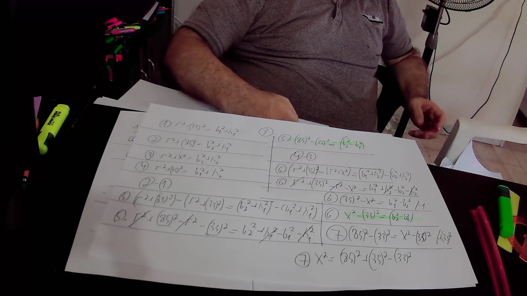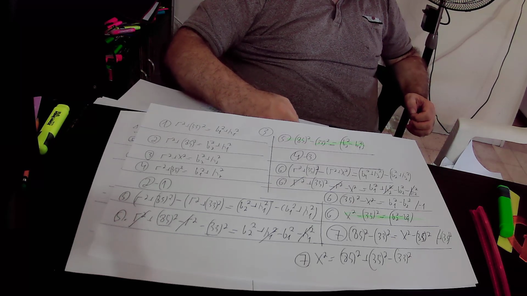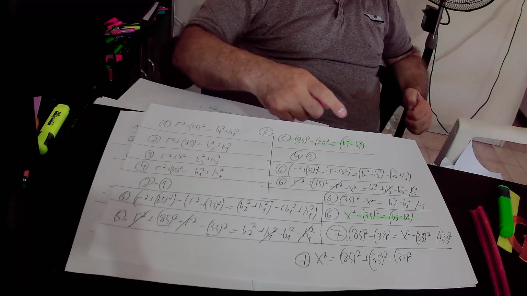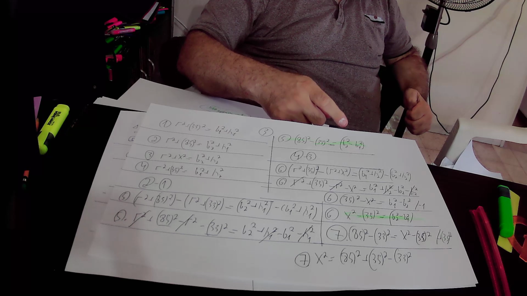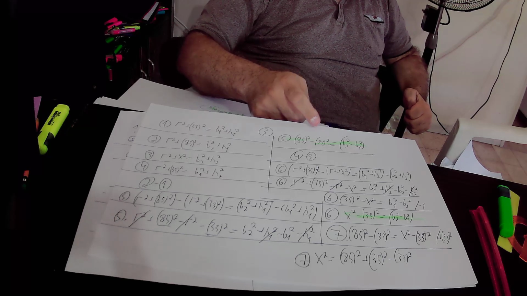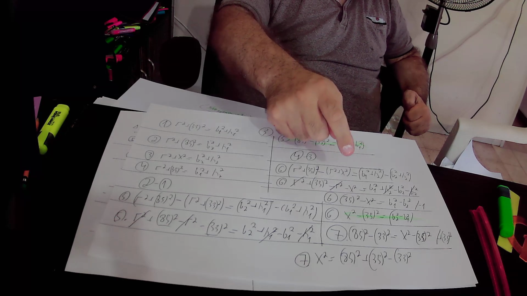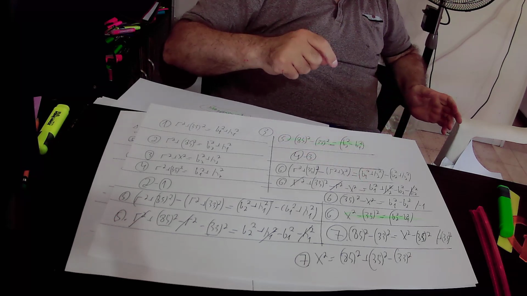Then we created equation number 7 that states that b2 square minus b1 square according to equation number 5 must be equal to b2 square minus b1 square according to equation number 6.